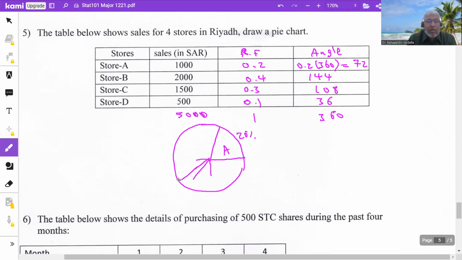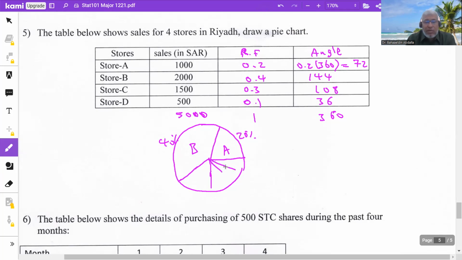So this would be B, store B with percentage 40%. And store D is just 36 if this is 90 and this is the middle.